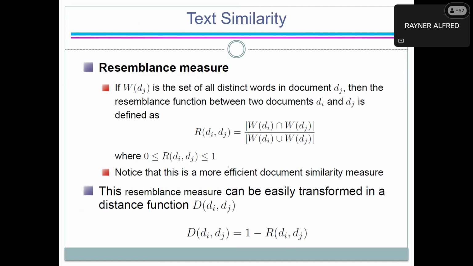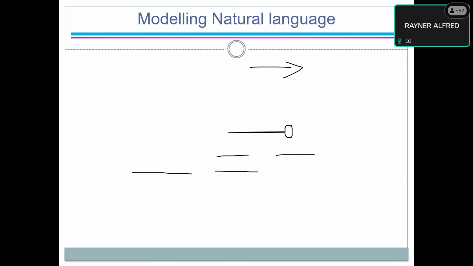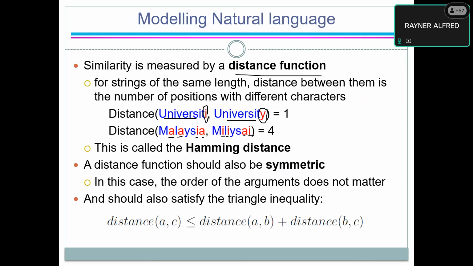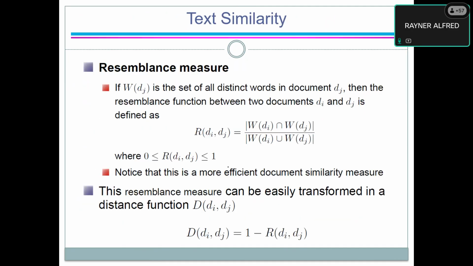Okay, so in trying to find the similarity between documents, we can use this resemblance measure. This is how we compare the similarity between documents. The previous one looked at how we compare the similarity between two texts only. Now we go into documents.